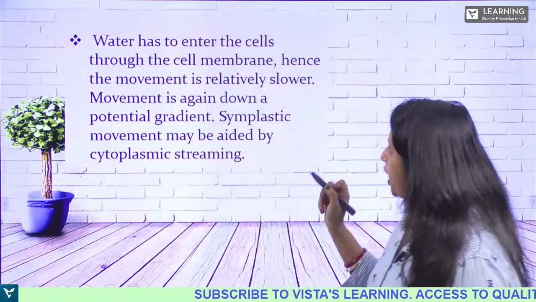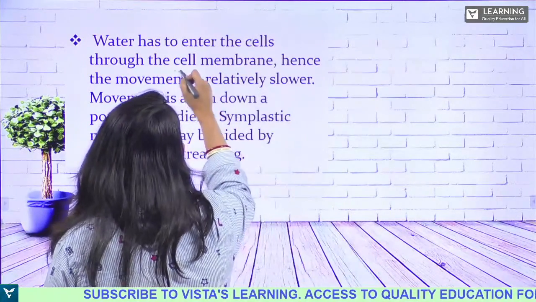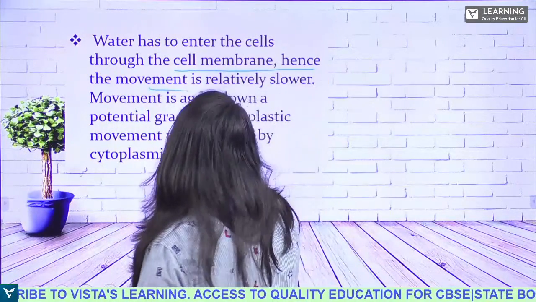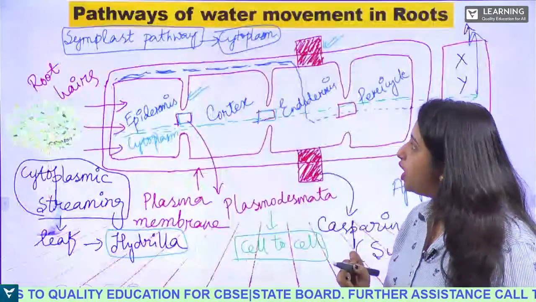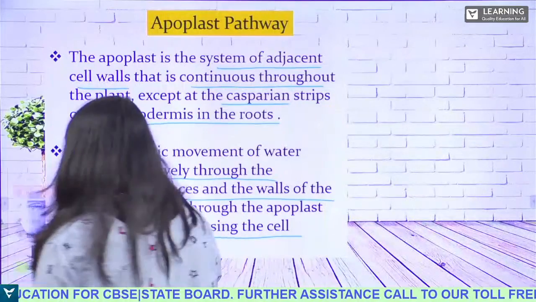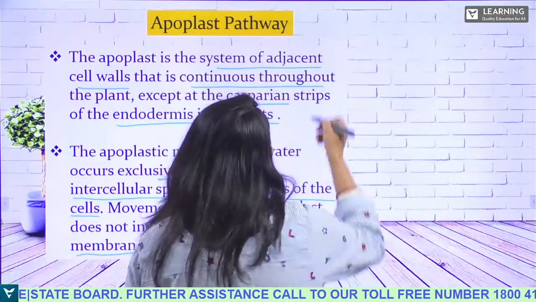Next, water has to enter the cell through the cell membrane. Hence, the movement is relatively slower. So in the case of the Symplast pathway, the movement of water molecules is slower. Remember this.